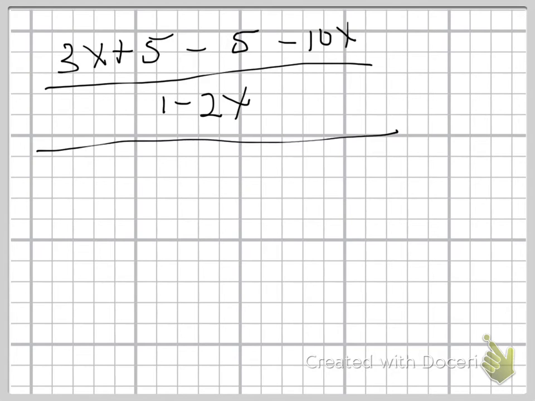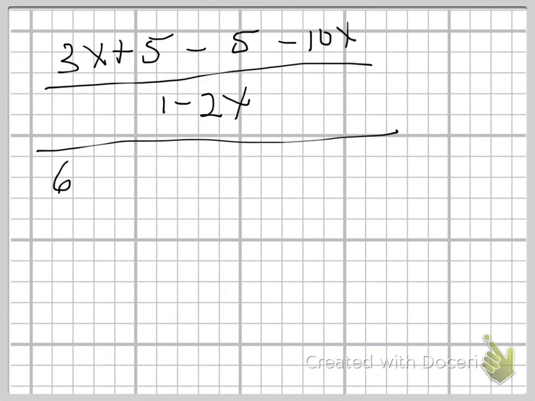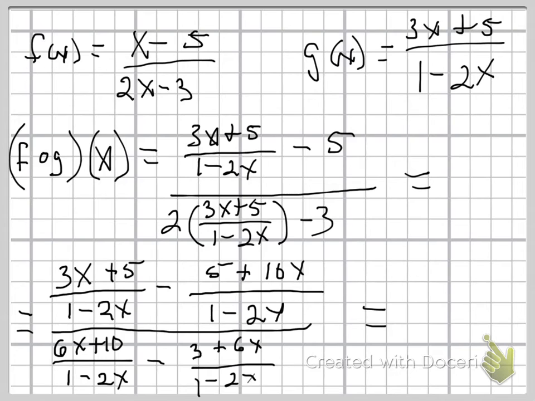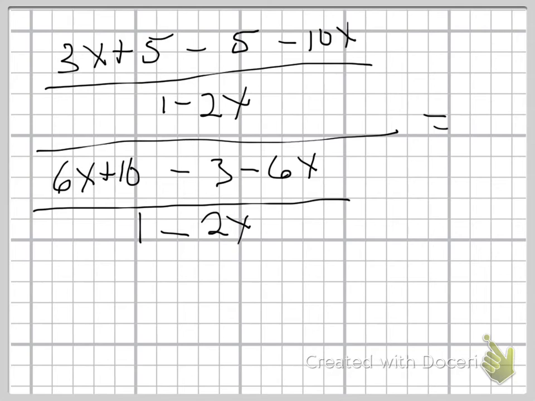And all this stuff is over, and it's going to become 6x plus 10 minus 3 minus 6x, and that's all over 1 minus 2x. Alright. Well, through some quick flashes and multiplication, those two things are going to cancel out.